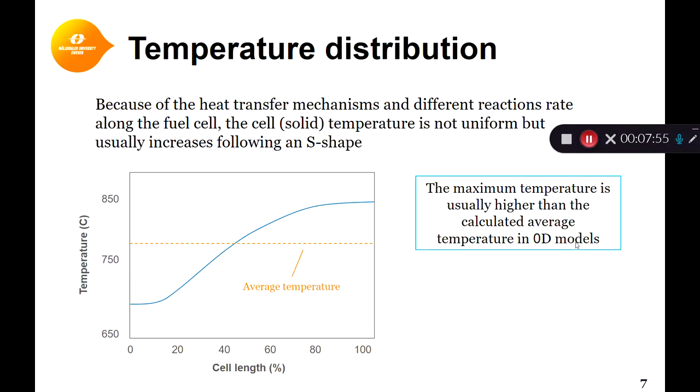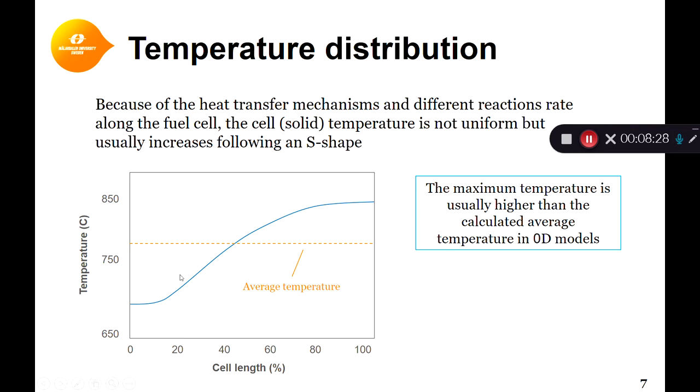If you analyze the heat transfer along the cell, we will see that the temperature of the solid material is not uniform, but it usually increases following an S shape. This depends on the reaction rate and the cooling effect of the air, because in a high temperature fuel cell, the air is not only used to provide the oxygen to the reaction, but also as a cooling agent.